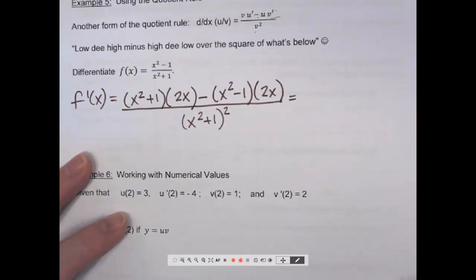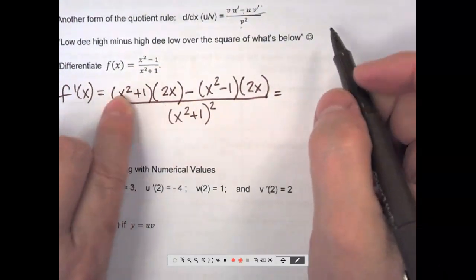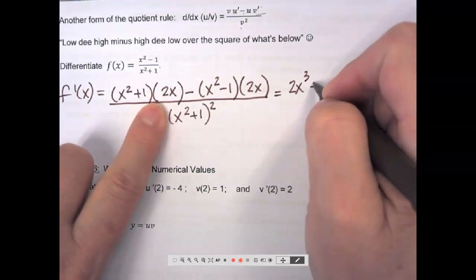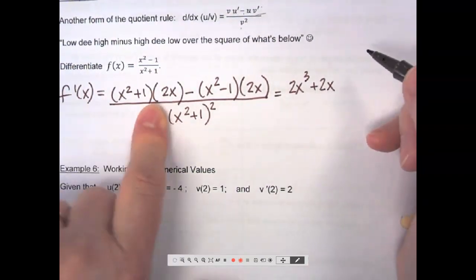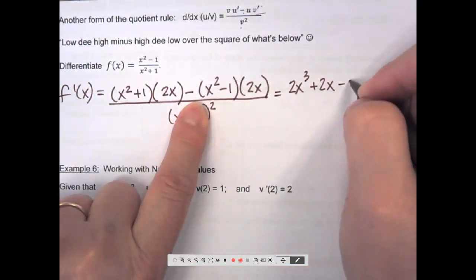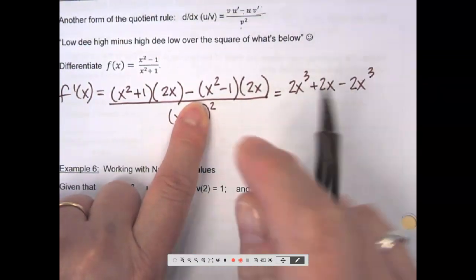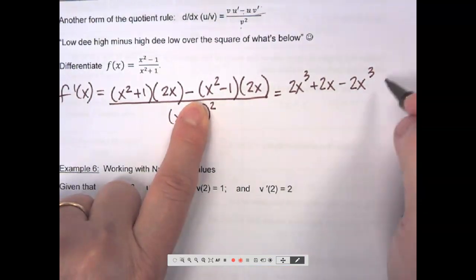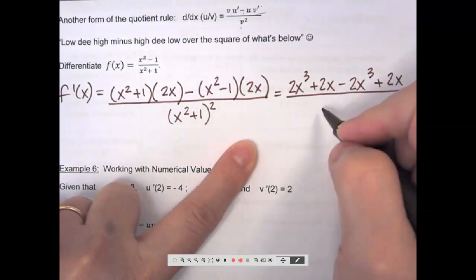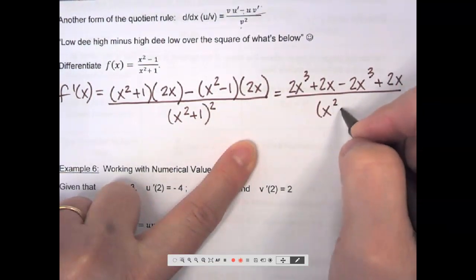So let's do some distributing there. We're going to get 2x cubed plus 2x, minus 2x cubed plus 2x. The 2x cubeds cancel.